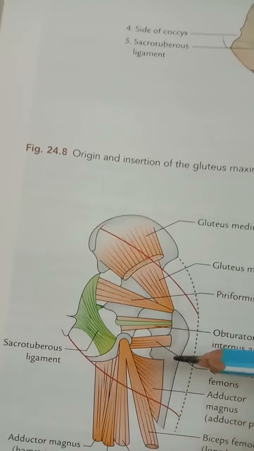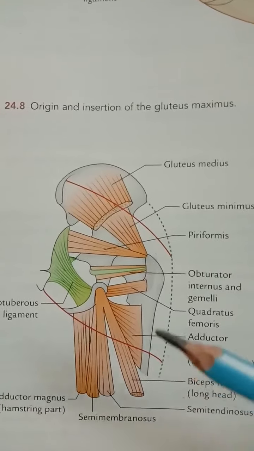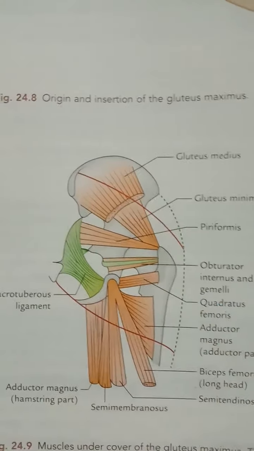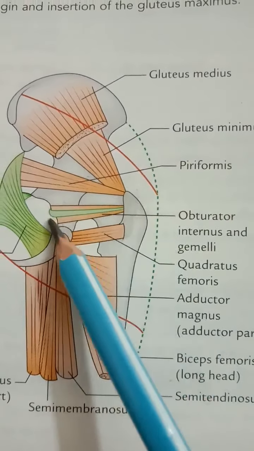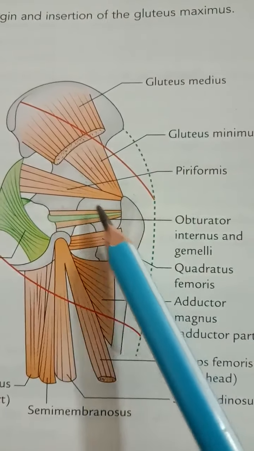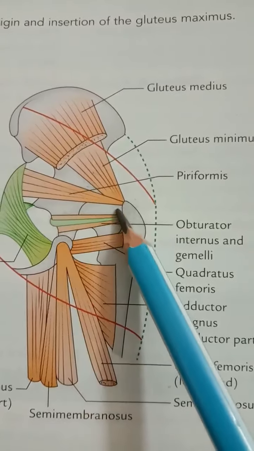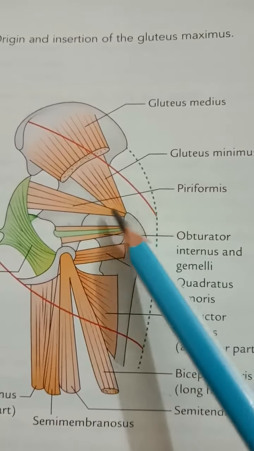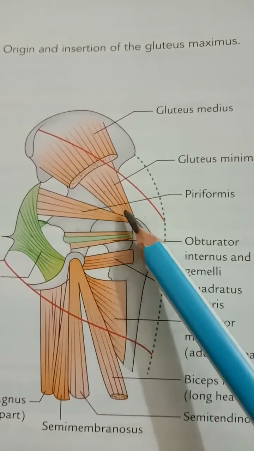Then the next muscle is the gemellus superior. So here you can see the gemellus superior muscle. Here you can see the green colored tendon of the obturator internus, and on the upper side a small muscle is present, that is the gemellus superior. It is a small muscle present on the upper border of the tendon of the obturator internus muscle.